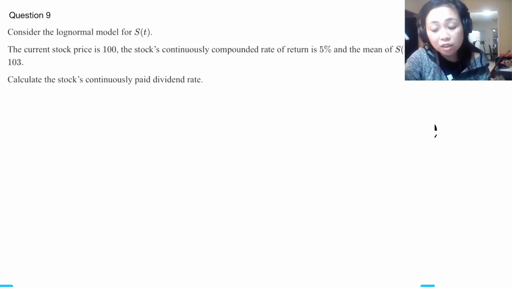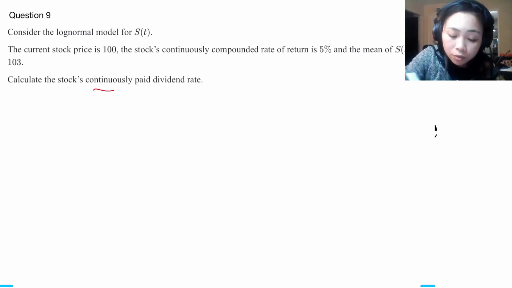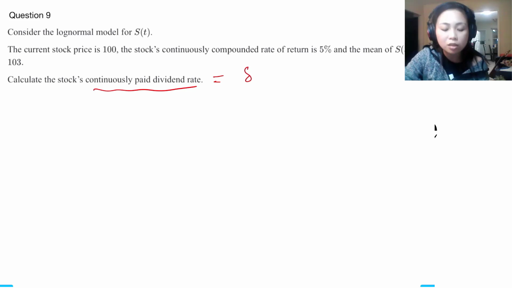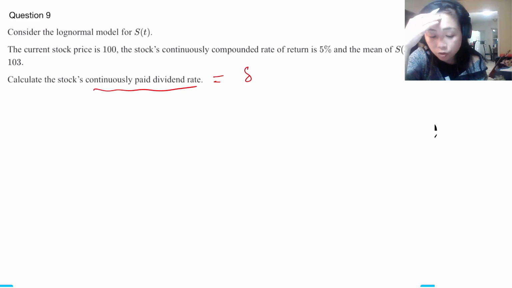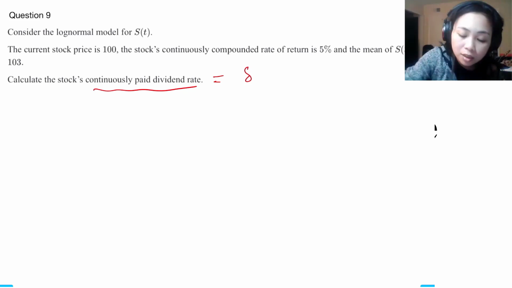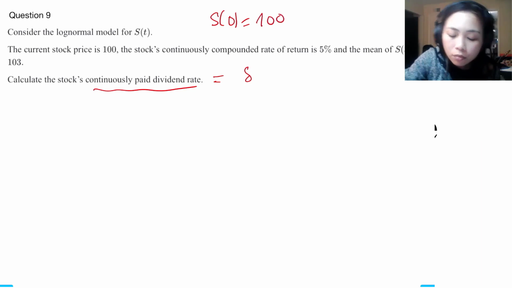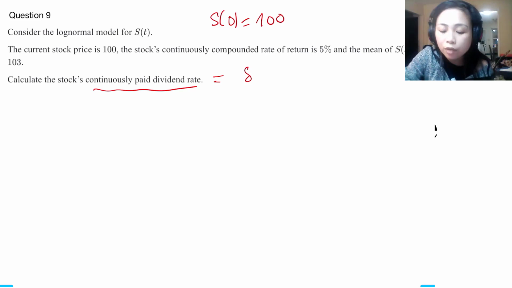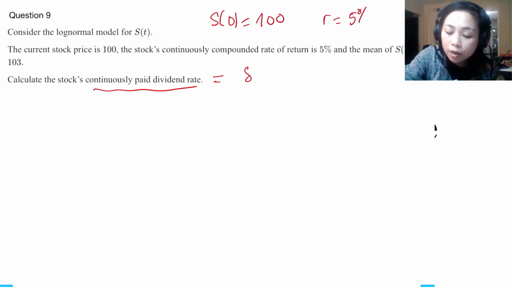It should be S of 0 e to the alpha minus delta times t, where t is 3, is 103. S of 0 here is 100, right? e to the alpha here is 5%. Oh, my bad. Alpha is 5%, not R. Let me correct this one. Alpha is 5%, not R. R is the risk-free interest rate.